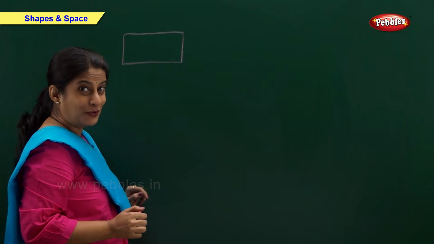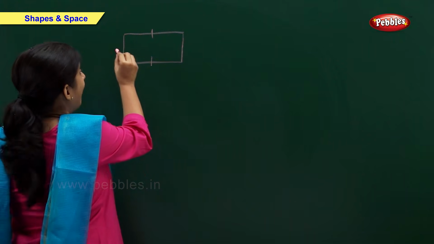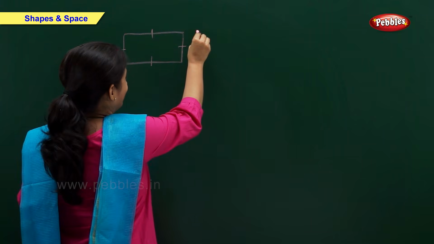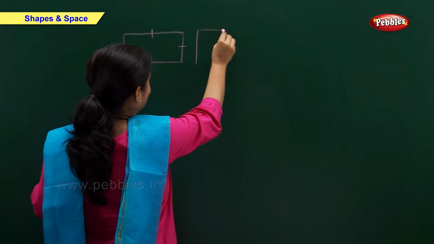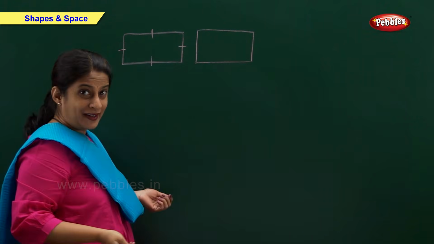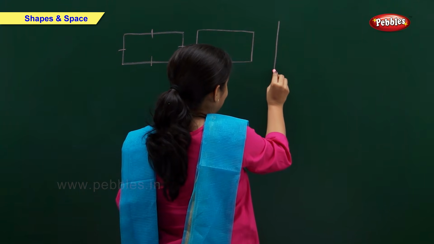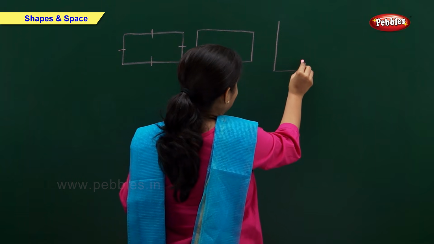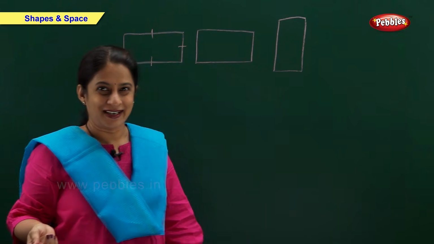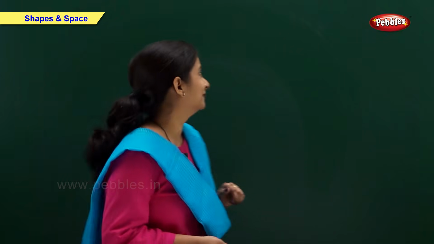Rectangle. And you know friends, the opposite sides of rectangle are equal. Rectangle. Now let us draw a triangle.